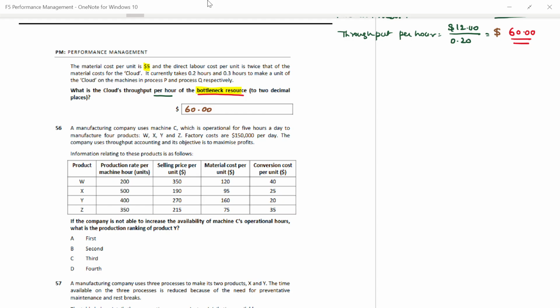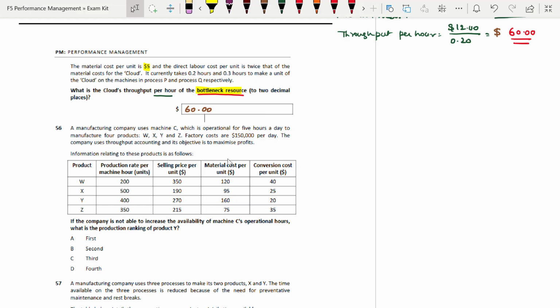A manufacturing company uses machine C, which is operational for 5 hours a day. The fixed cost is 150.